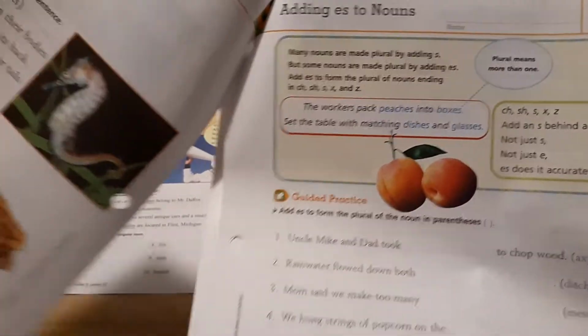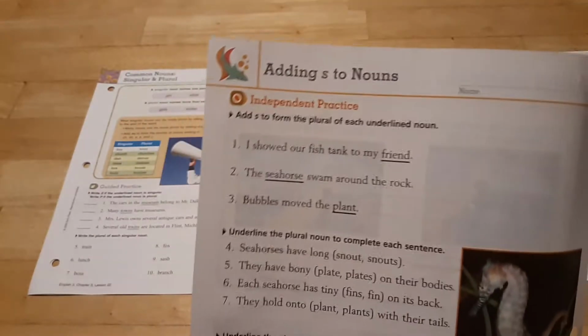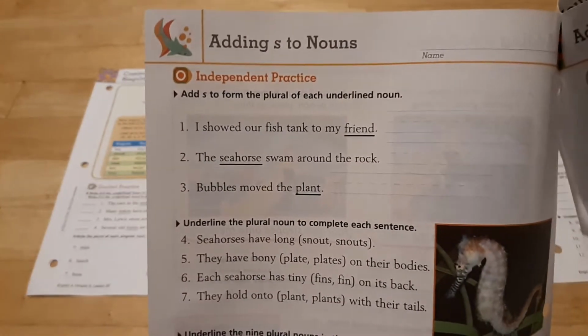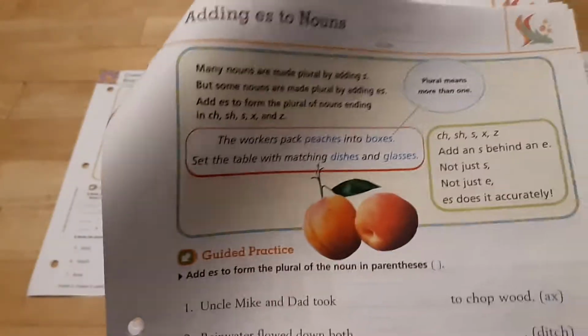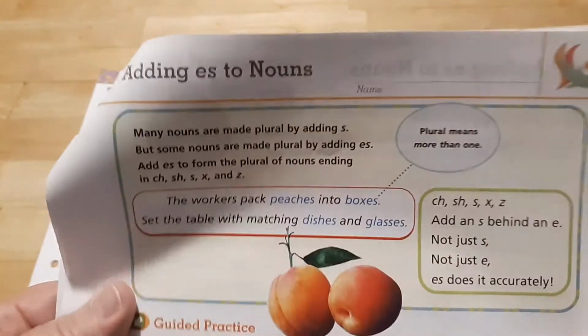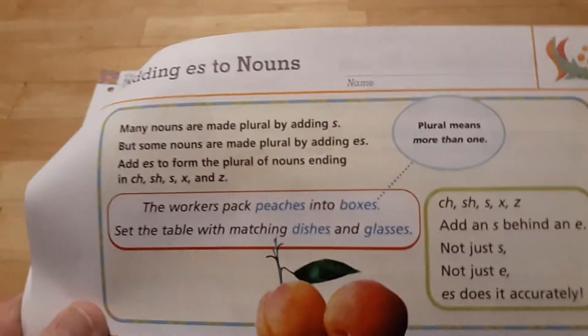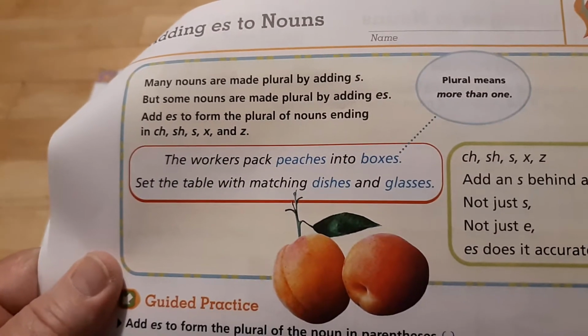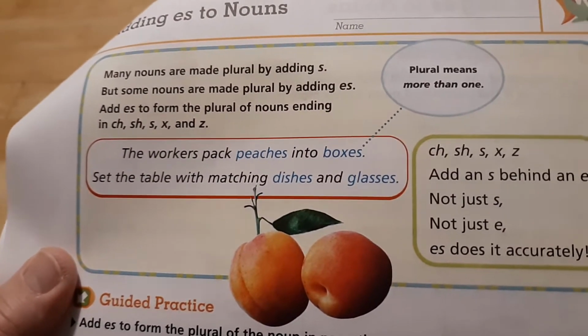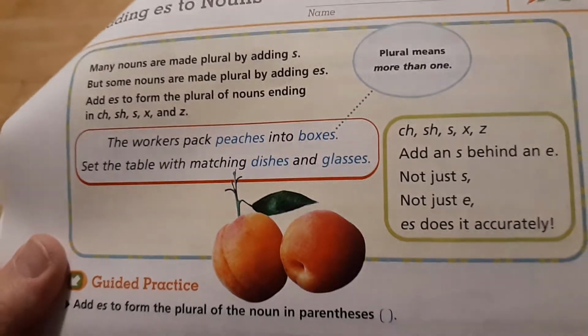Then they discuss how to add an S to form the plural of each noun. And then the rule for when you add ES to form a plural of a noun. You add ES to words that end in CH, SH, S, X, and Z. So that's about forming plural nouns.